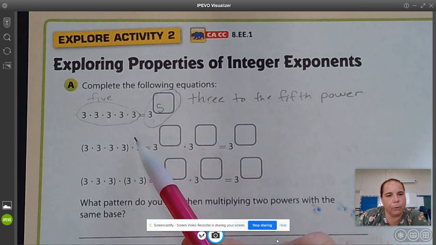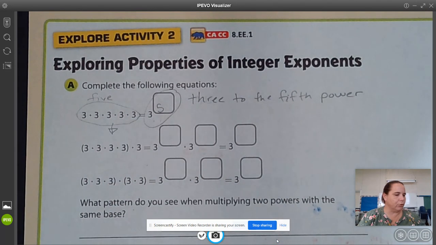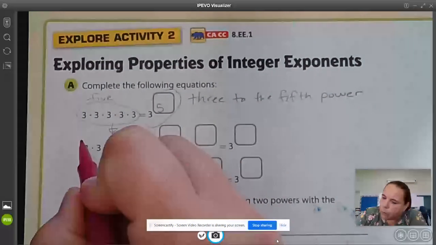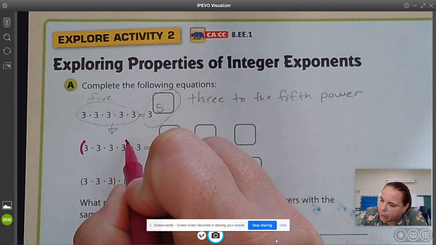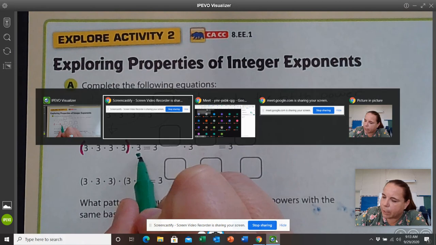Okay, so what they've done down here is group them. I'm going to pick 2 different colors to point out the grouping. They have grouped those 4 together and then left this one out here.